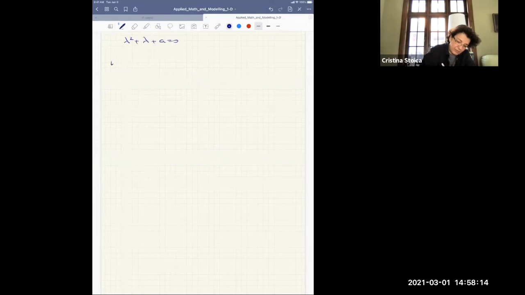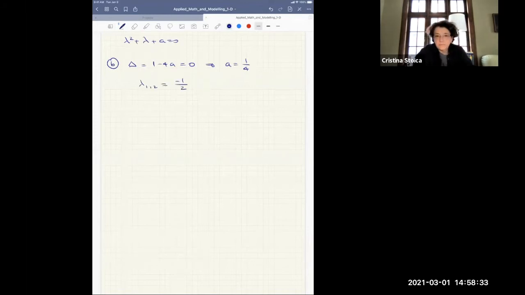Case B is when delta, which is 1 minus 4a, is 0. In other words, when a is 1 over 4, in which case we have lambda 1, 2 to be minus 1 over 2. So lambda 1 equals lambda 2, equal to minus 1 over 2 because delta is 0.